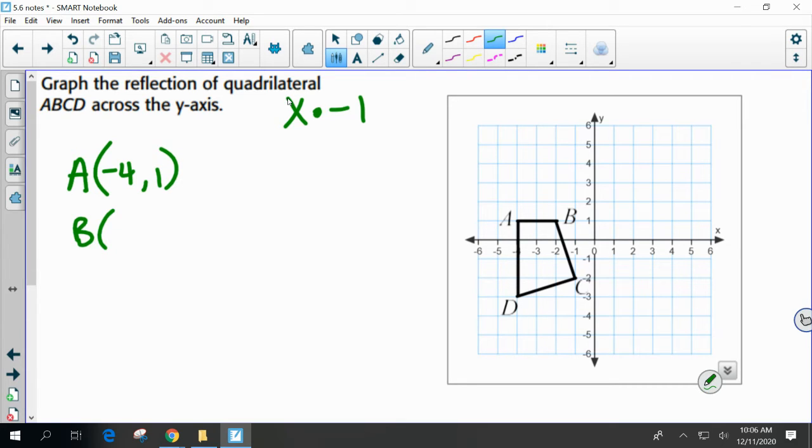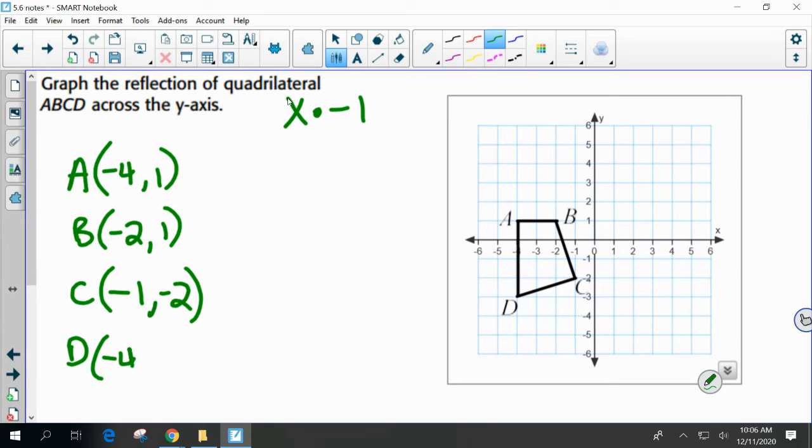B is -2, 1. C is -1, -2. And D is -4, -3.